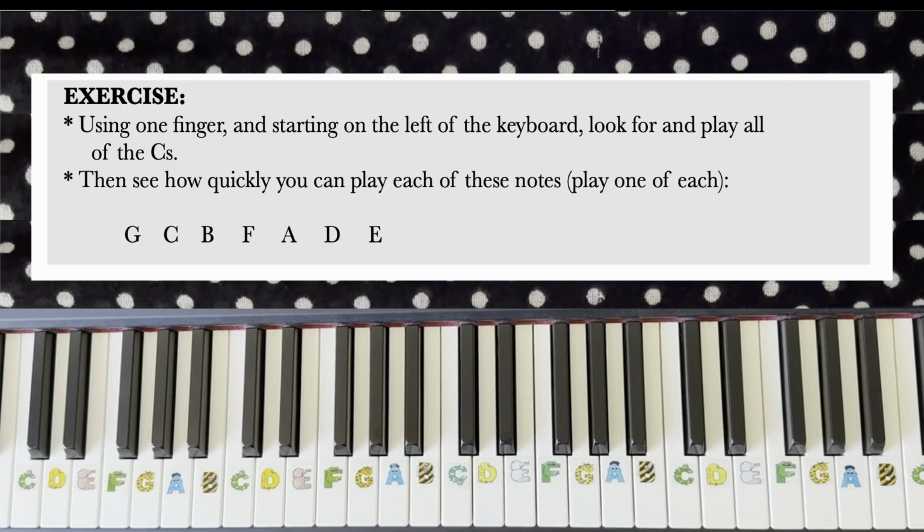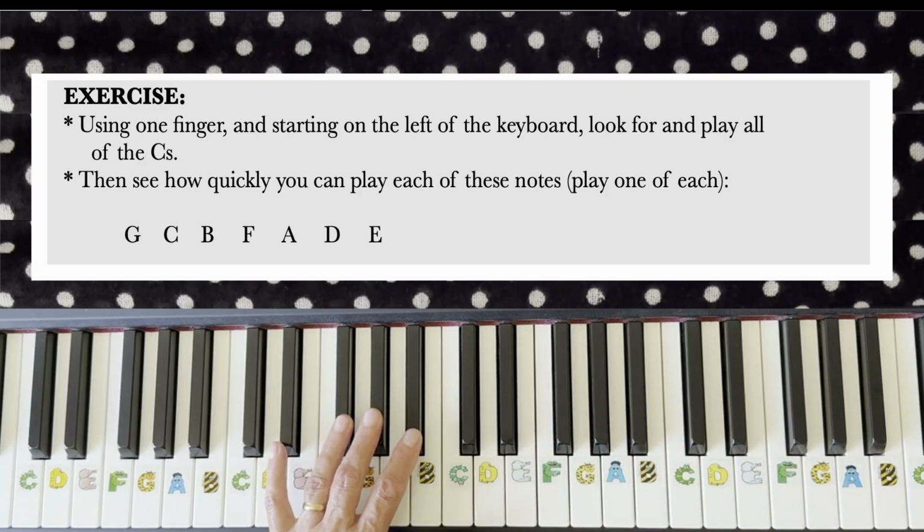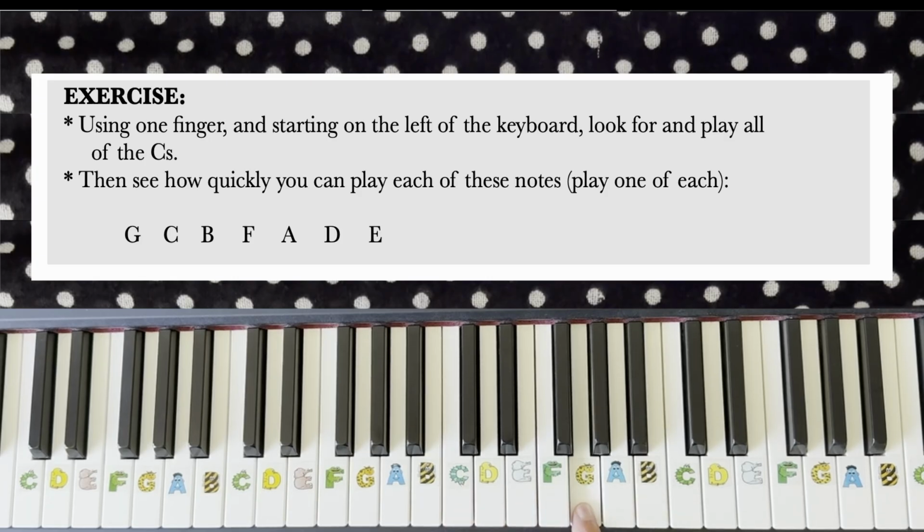And then see how quickly you can play these notes as a G. So if C is here, D, E, F, there's a G. G is in the middle of the left-hand pair of the 3 black notes, and in the middle is a G. Or you can work it out from C, D, E, F, G.